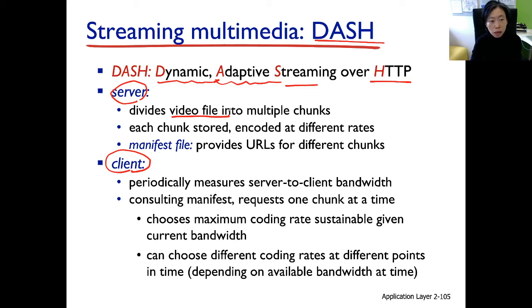So what the server does first is divide the video files into shorter segments. In the slide, we call them chunks, video chunks. A little bit like in P2P, BitTorrent cuts big files into chunks. And each chunk is stored and encoded in different rates.